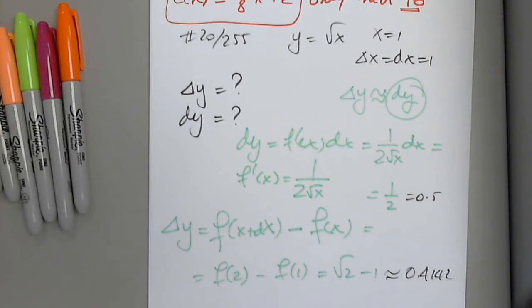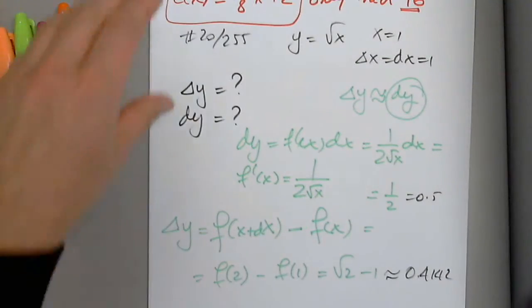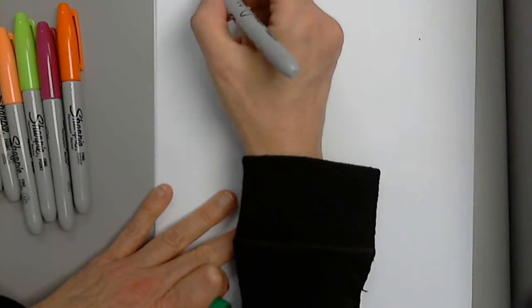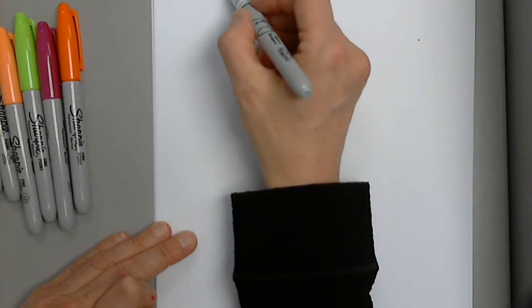Let's look at 33. On the same page, 255. Good example.